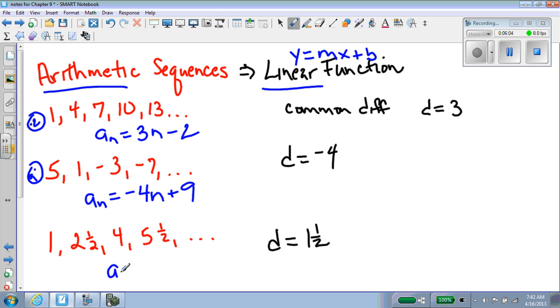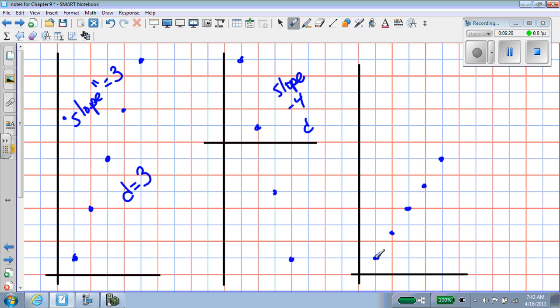Okay, here we have a sub n is equal to 1.5n plus, let's see, if I'm adding 1.5 to go forward, I would subtract 1.5 and have negative 1/2. And if I look at my picture, if I go up 1.5 over 1, if I go down 1.5 and back 1, I would definitely be at negative 1/2.